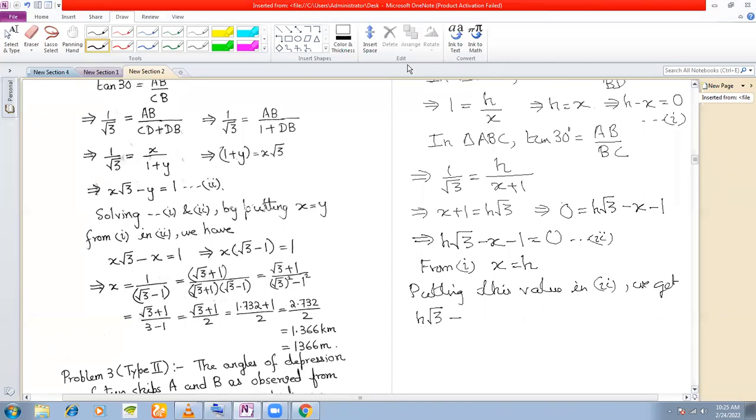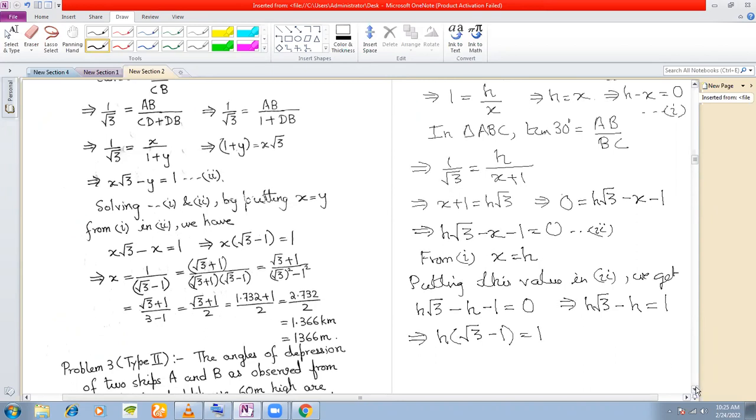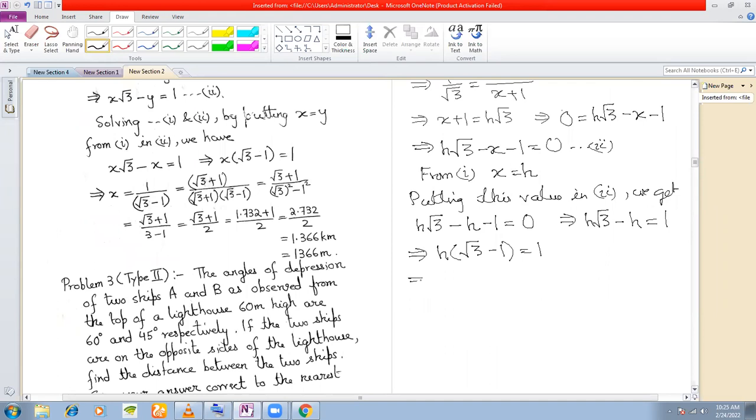Minus, and X is equal to H. So instead of X, we write H, minus 1 is equal to 0. So that means from these two, keep H on the left hand side: H root 3 minus H is equal to 1. That means now you can take H common to get H times root 3 minus 1 is equal to 1. That means the value of H, now you divide both sides by root 3 minus 1 to get H equal to 1 by root 3 minus 1.